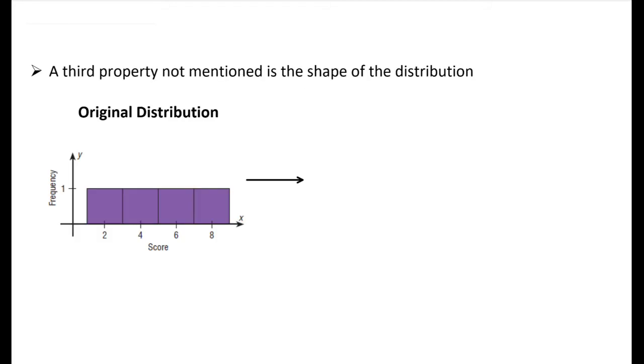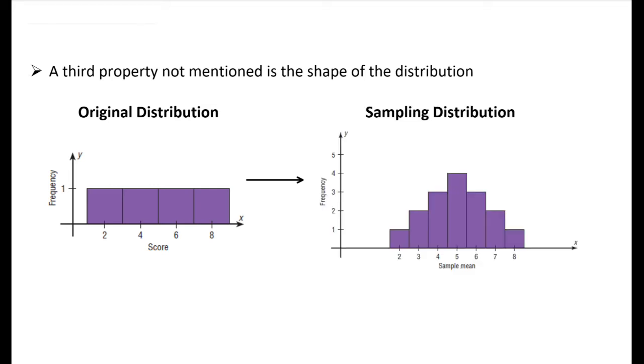Okay. So a third property not mentioned is the shape of the distribution. The original distribution we said was uniform. The sampling distribution, however, which we graphed earlier, is normal.